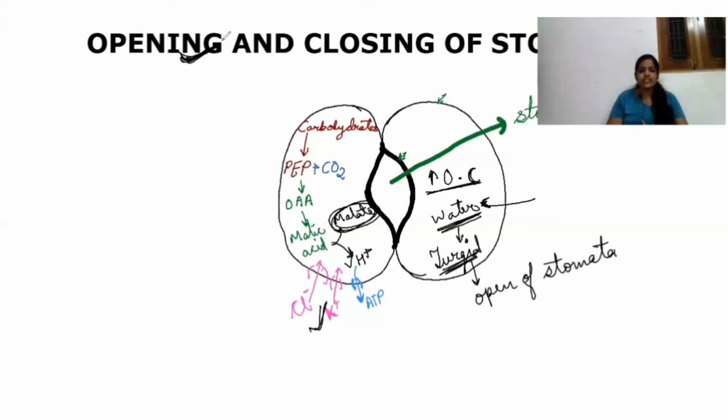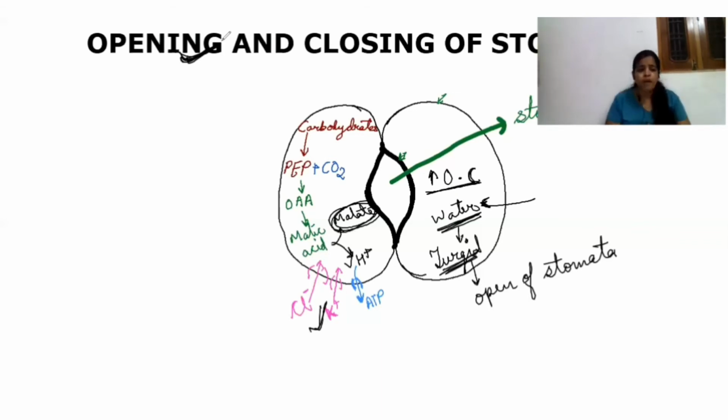This oxaloacetic acid will further convert into malic acid. This malic acid will release protons and convert into malates. The protons will move out of the cell by the use of ATP, hence the word active exchange mechanism. And to maintain the ionic balance, potassium ions and chloride ions are going to enter into the cell.